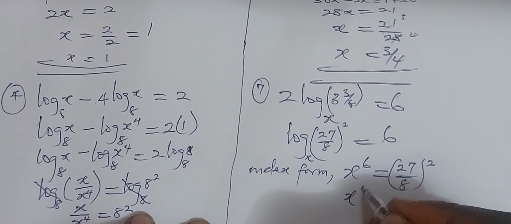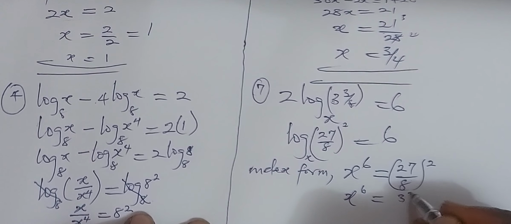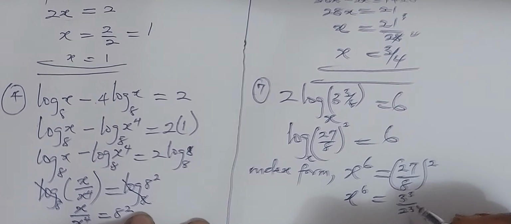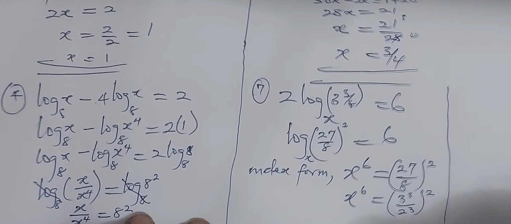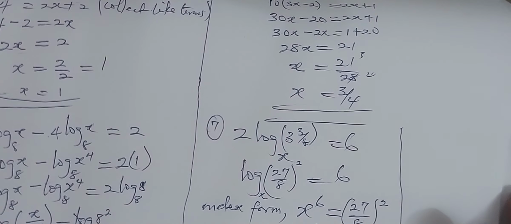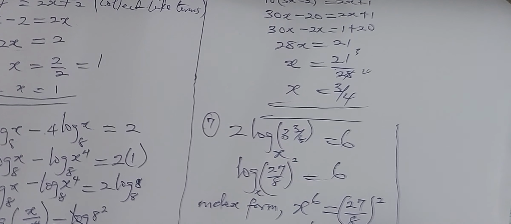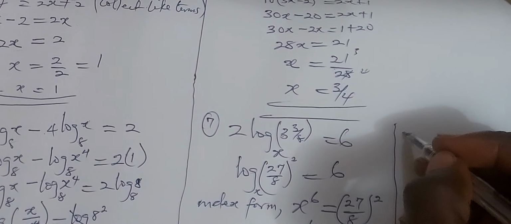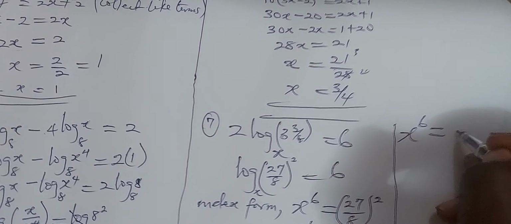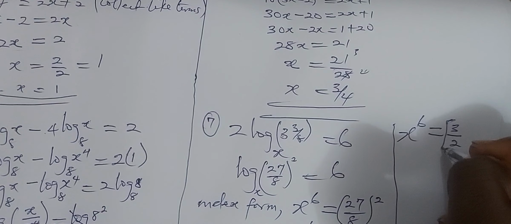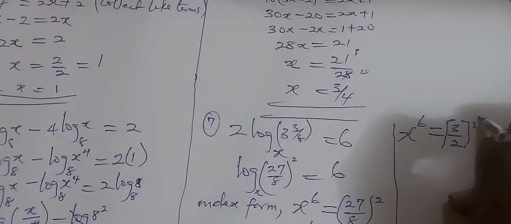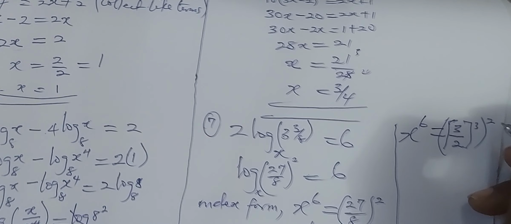Therefore, we have x raised to the power of 6 is equals to 3 raised to the power of 3 over 2 raised to the power of 3, everything power 2. So from here now, we can write it as x raised to the power of 6 equals 3 over 2 all power 3 bracket 2.